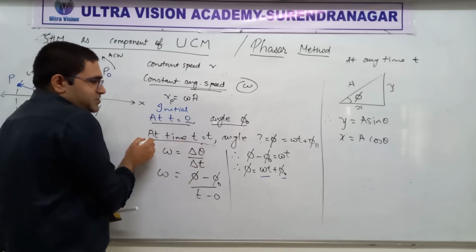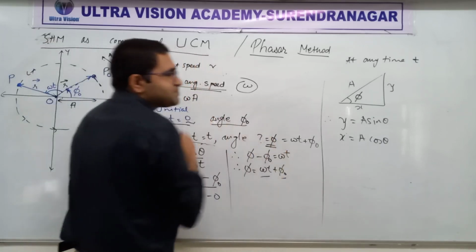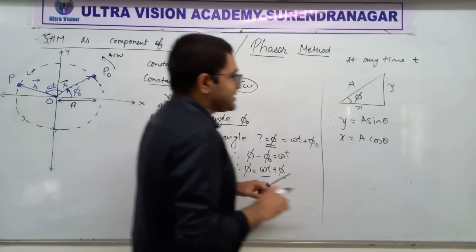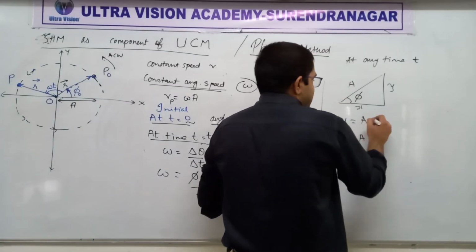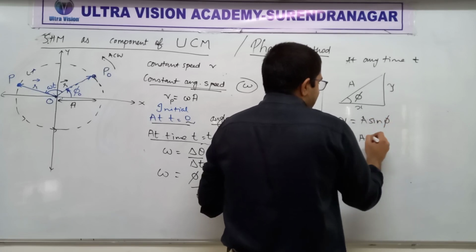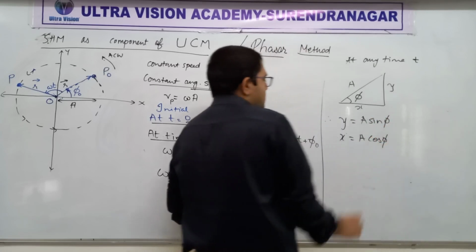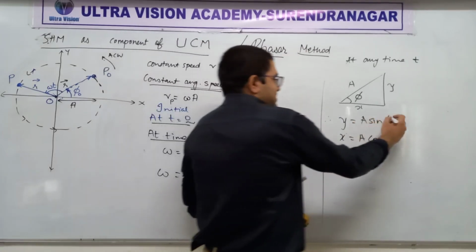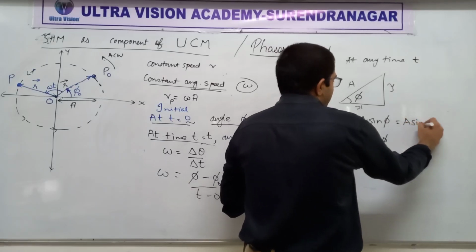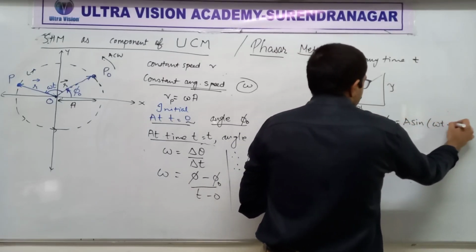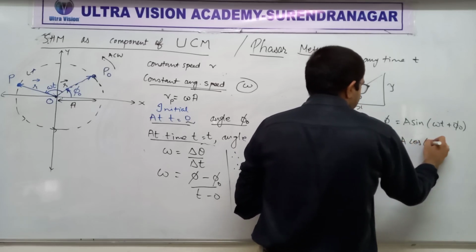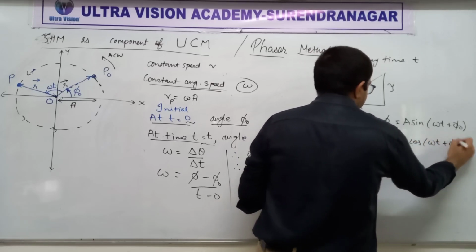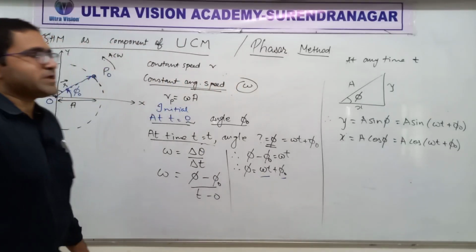But at any point of time t, suppose angle is phi, then do you realize that just like we are writing theta, we could also write it like this? Yes or no? And then by putting value of phi, we can get this.